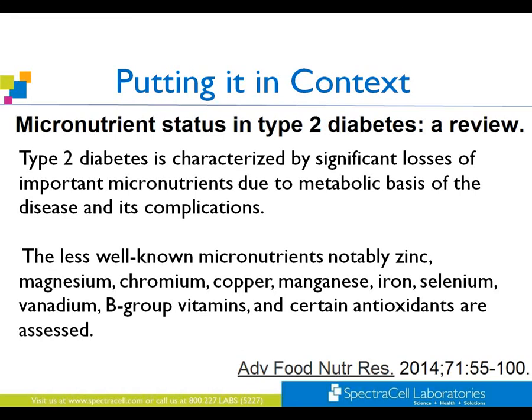Specifically I wanted to touch on these certain antioxidants, because this is a category we can see within the micronutrient profile by looking not just at the individual antioxidants, but also at that Spectrox marker.